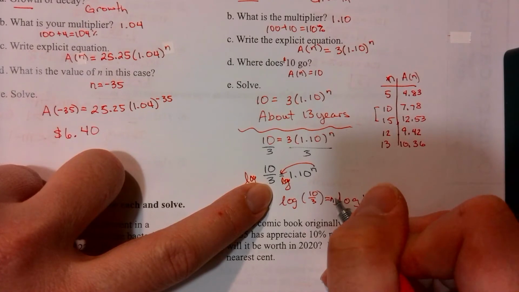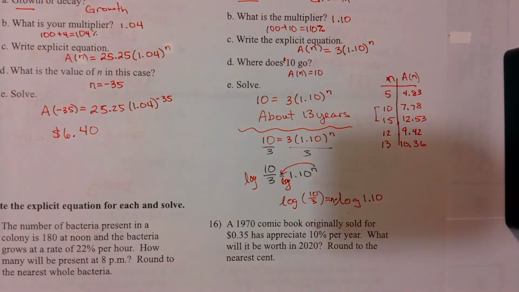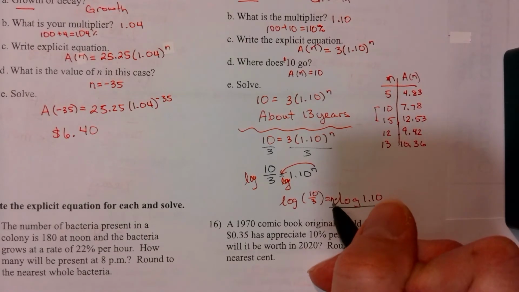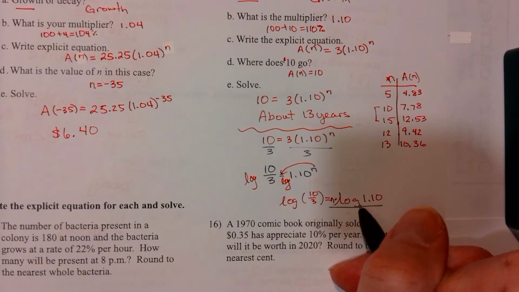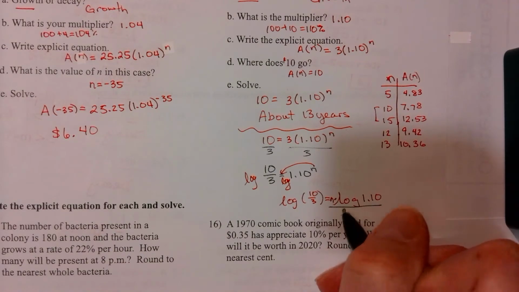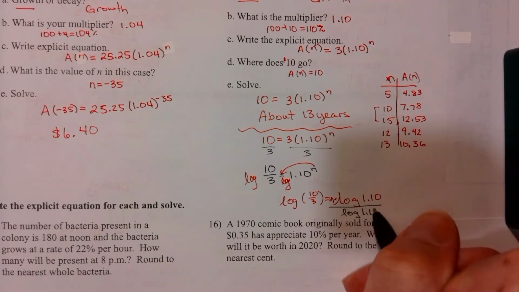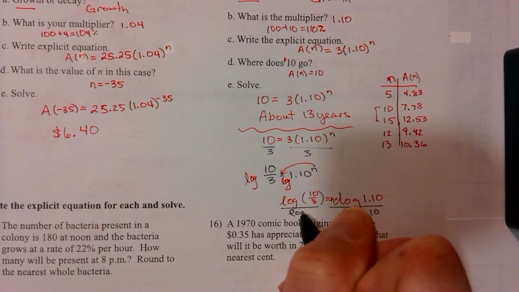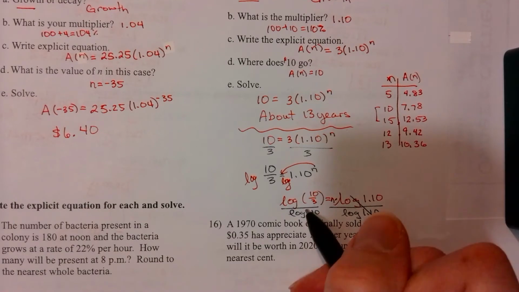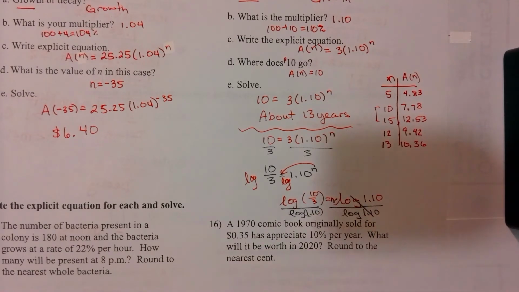So it's n times log of 1.10. And following basic order of operations, if I want to solve for n and it's n times something, remember that log 1.10 is a number, so I just divide by the log of 1.10 on both sides. Again, this is something that you might not have covered yet, so I'm just showing it in case, or you can come back to it.